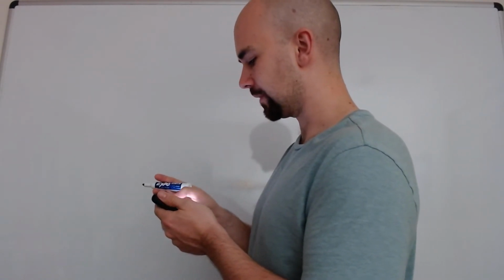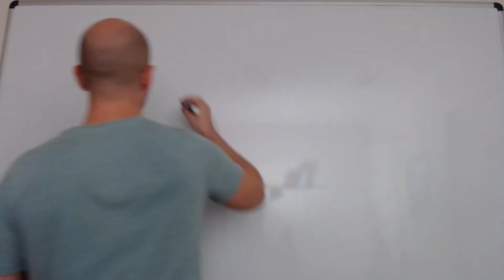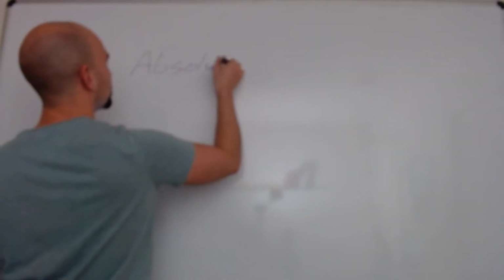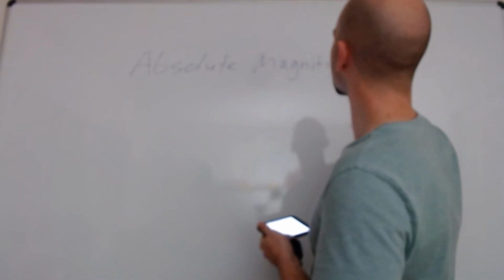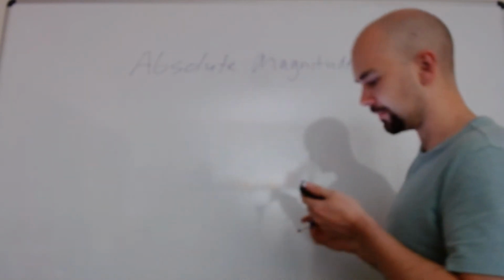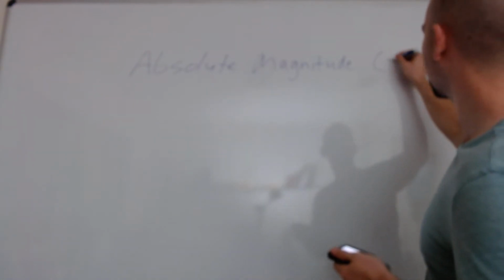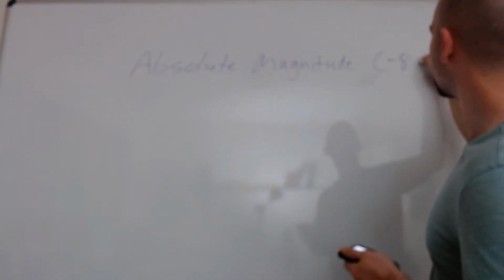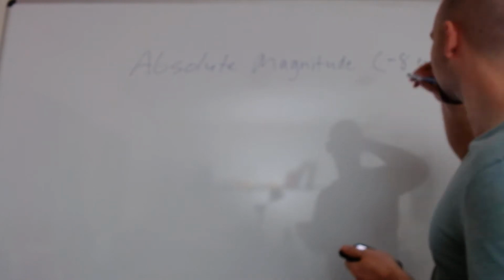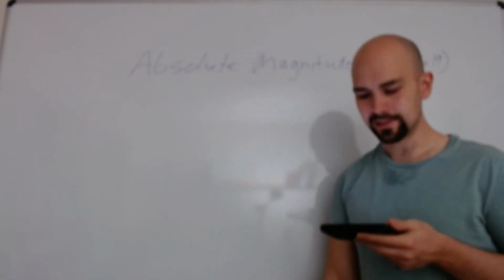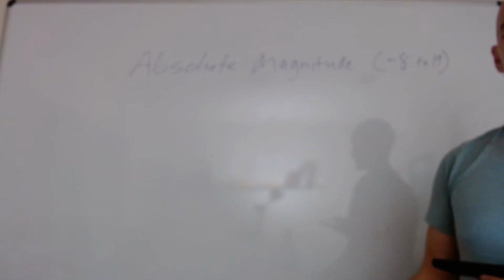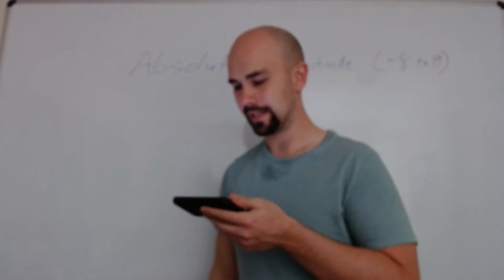When dealing with the brightness of the star, there's two terms. There's the absolute magnitude of the star, which is a measure that's going to range from a scale of -8 to 19, with -8 being the brightest and 19 being the dimmest, or dullest, however you want to say that.